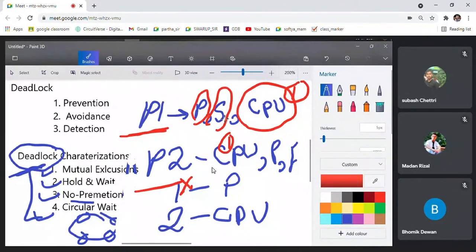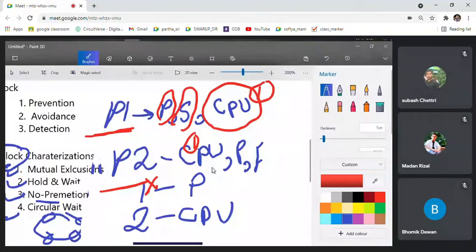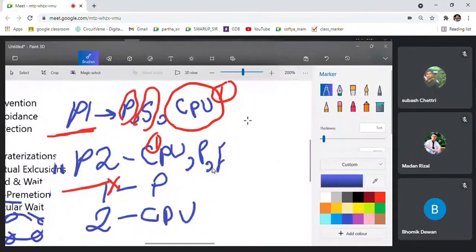Now let us say there is a resource E. Process P1 has with it P, S, and CPU: printer, scanner, and CPU.